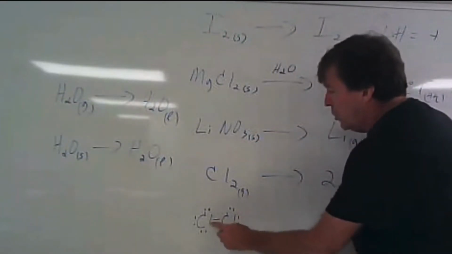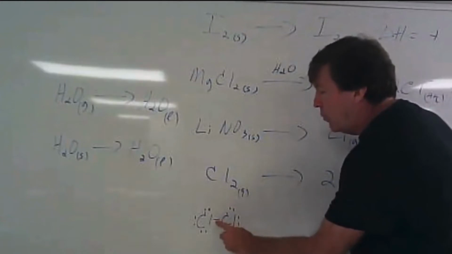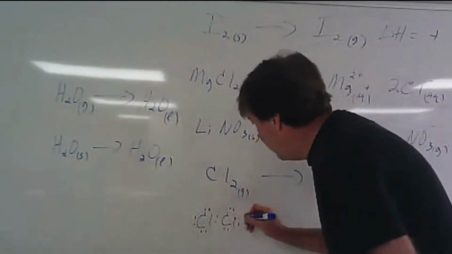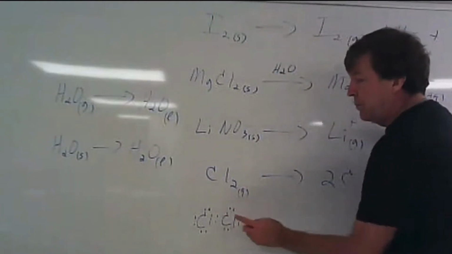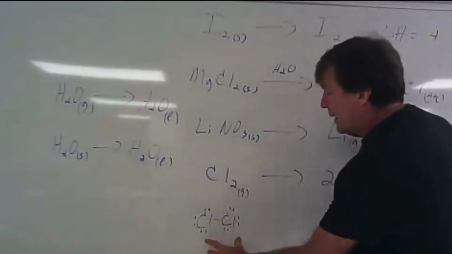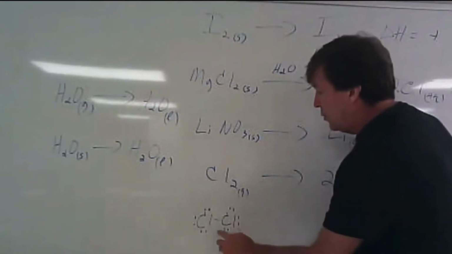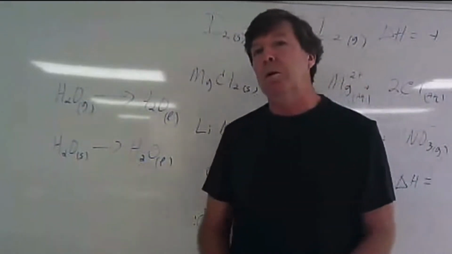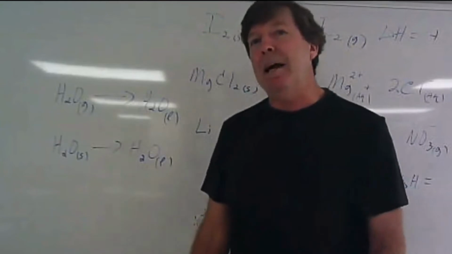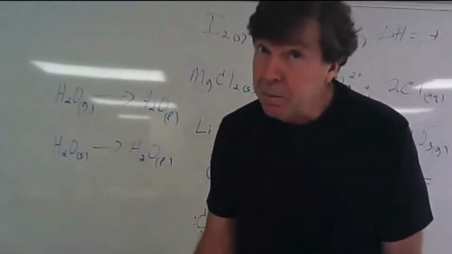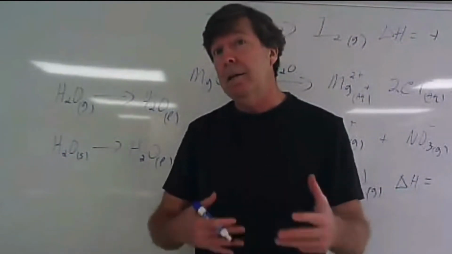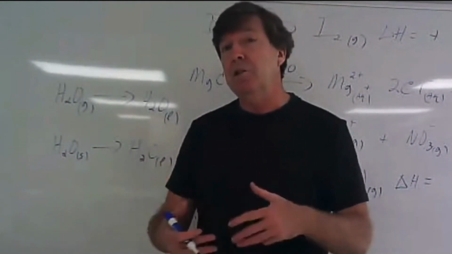Notice this is two chlorines. There's the single covalent bond, a shared pair of electrons. We could write it this way, or we can write it with the line there. So that's chlorine gas with the lone pairs of electrons. That's a nonpolar gas. Just as a reminder, nonpolar gases tend to behave more ideally compared to polar gases when conditions of pressure and temperature are the same.